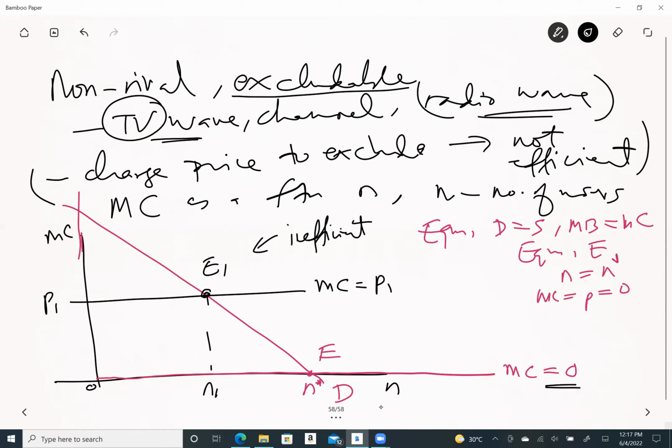But for Astro, how can they get revenue if, let's say, they give us Astro free? What are the sources of revenue for Astro? Not just Astro, any other TV company in the world.